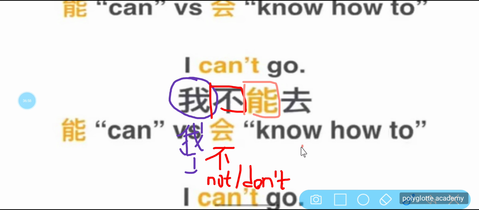So we can write that. Nung, which means can in terms of possibility. Chu, the verb to go. We can write that verb to go correctly.